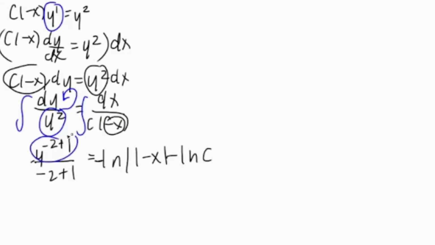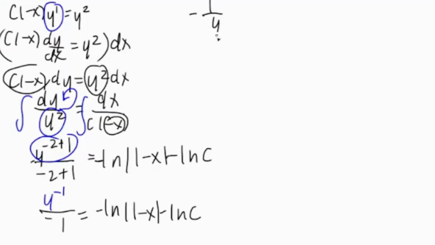So, ito magiging y raised to negative 1 all over negative 1 is equal to negative ln 1 minus x minus ln c. Ayusin natin, so magiging siyang negative 1 over y kasi ito magiging positive yung exponent kasi nilipat natin sa denominator is equal to negative ln 1 minus x minus ln c.